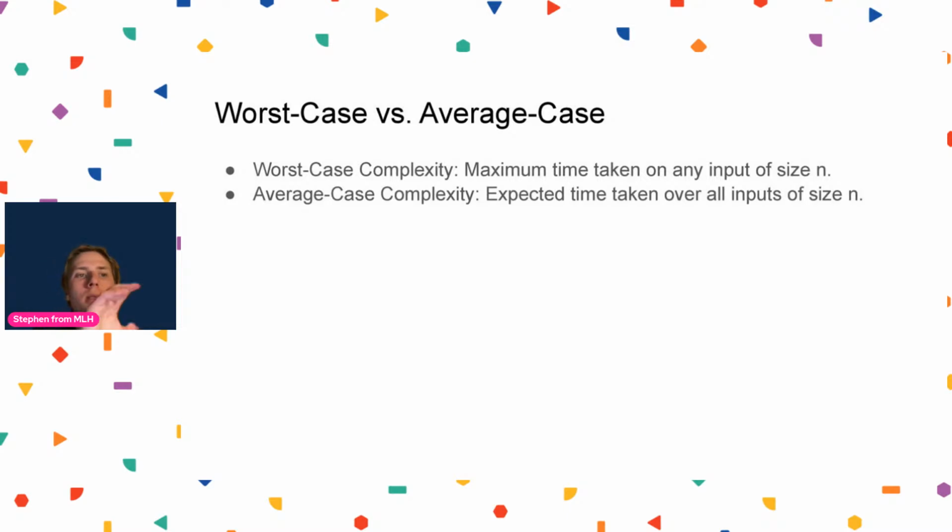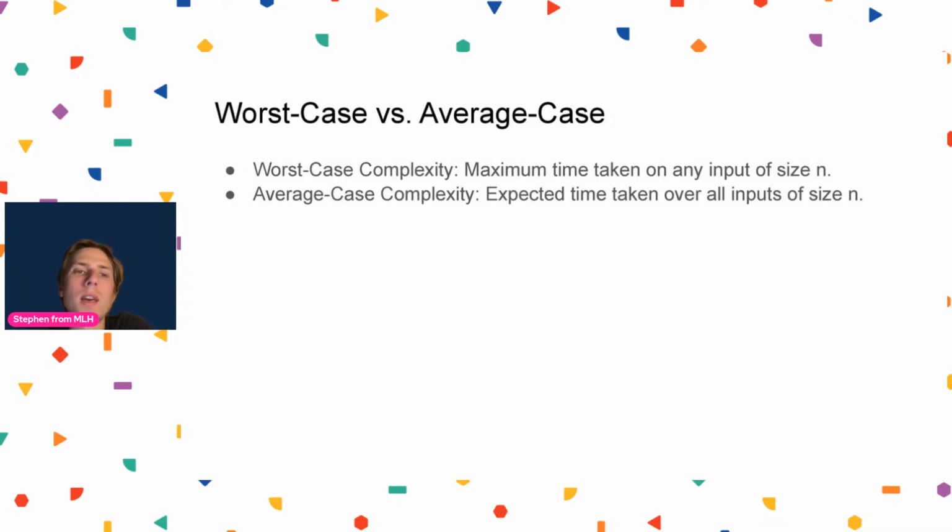Because we are going to look through every element in the array until we get to the end, and then finally find 3. Whereas average case complexity is the expected time taken over all the inputs of size n. So if we had a bunch of randomly generated lists and we were looking for the number 3, that would probably be halfway on average through the list, right?